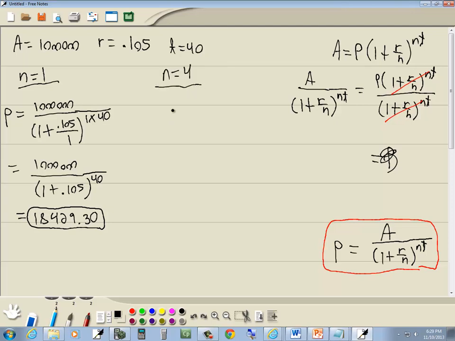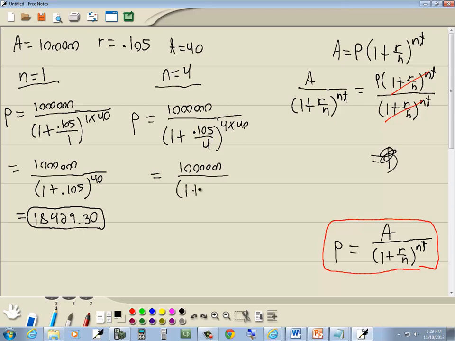Let's do the next one. N is equal to 4. Same formula. So P is equal to 1 million divided by 1 plus 0.105 divided by N, which is 4, raised to the NT power, so 4 times 40. That gives us 1 million divided by 1 plus 0.105 divided by 4, raised to 4 times 40 is 160 power.